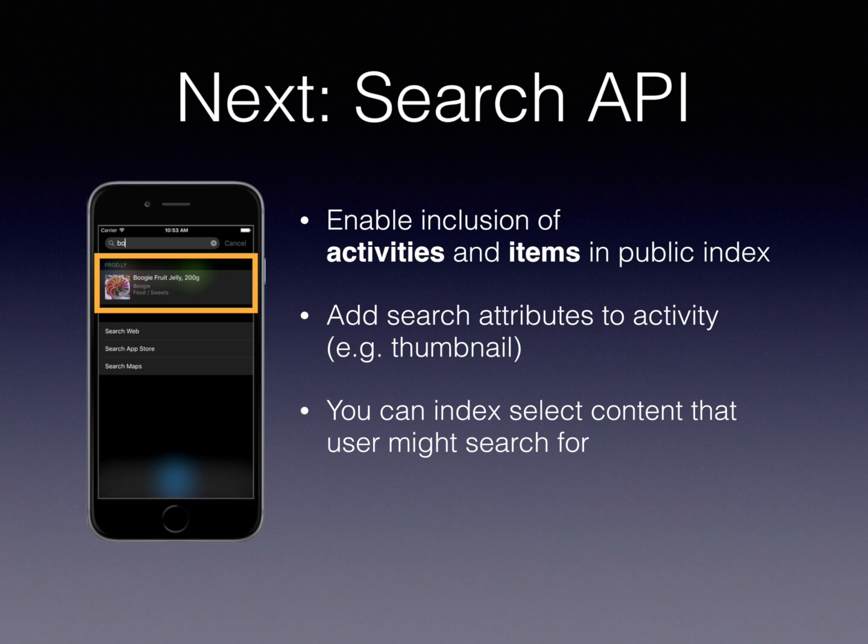What you shouldn't do is put everything in there, hoping that this will boost the traffic on your website. One thing you can do is that activities also have a property to be included in the public index. That's really awesome if you have activities that many users do that have URLs. Then these URLs will also show up for other users who don't have the app installed, in the Safari web results and in the Spotlight search results.